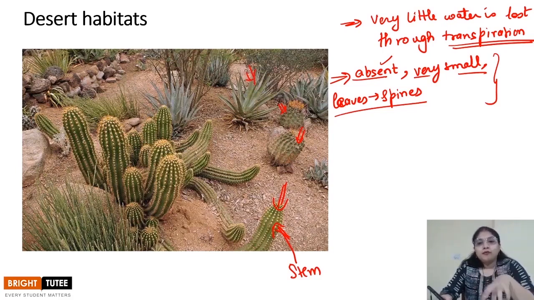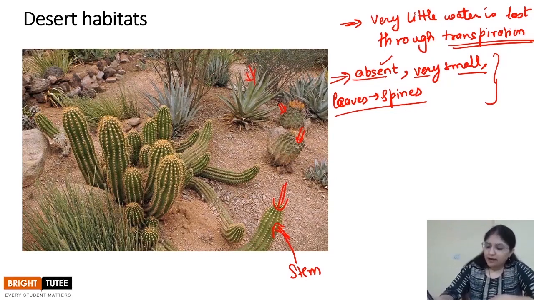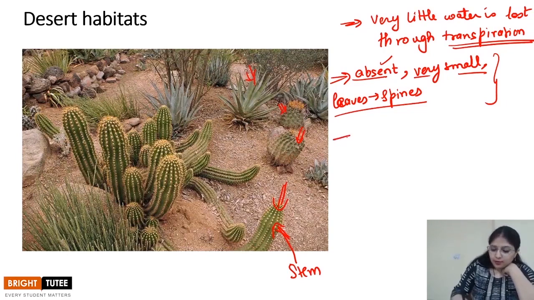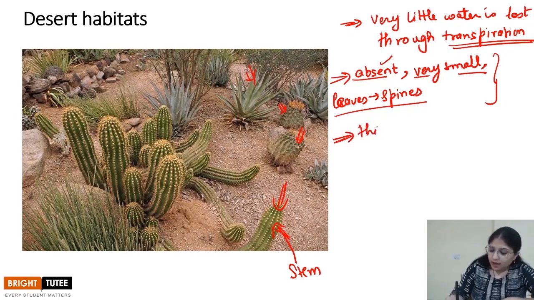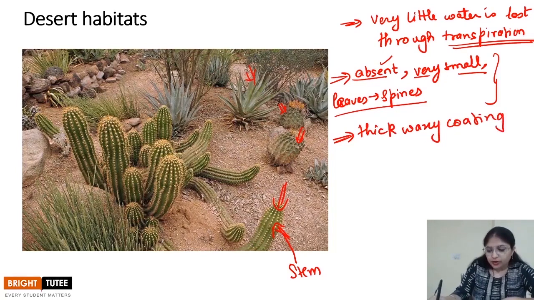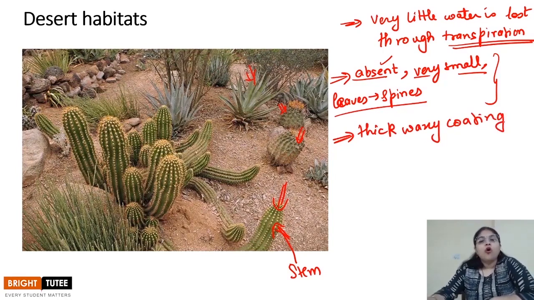It is green and performs photosynthesis because the leaves have been converted into the spines, or they are absent. Apart from that, you must have seen that if you feel the stem of a cactus, you will find that cactus stem is very smooth, right? So the reason is that it has a thick waxy coating, right? So what does it have? It has a thick waxy coating to further reduce any kind of loss of water, right?